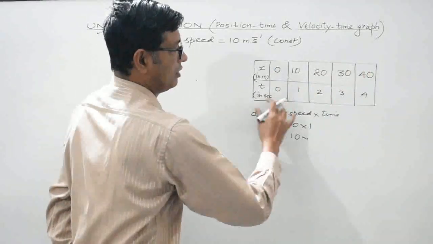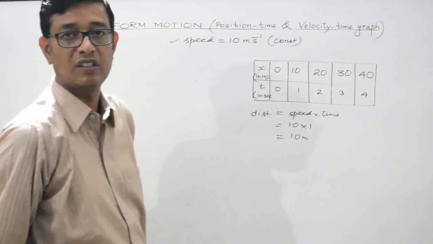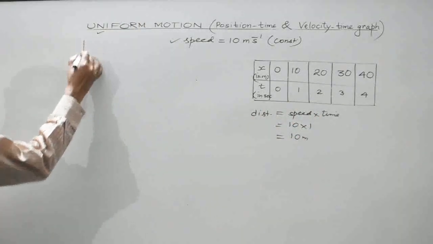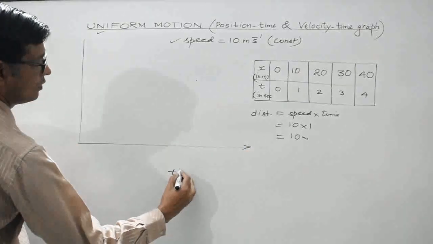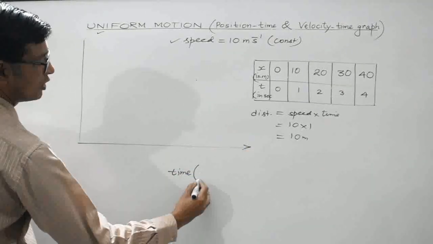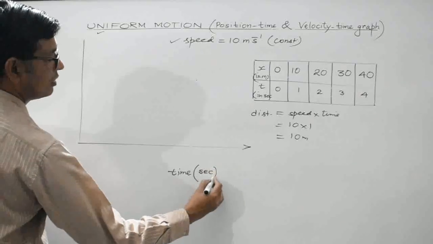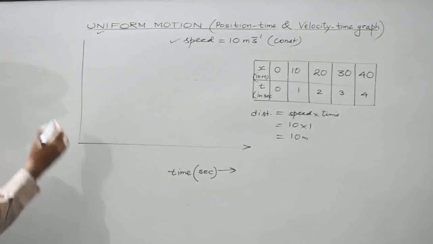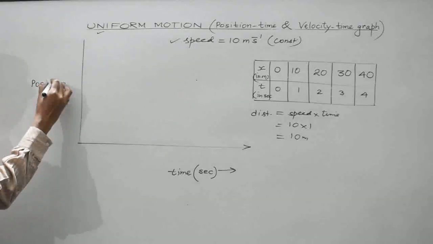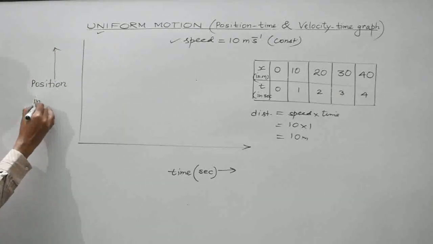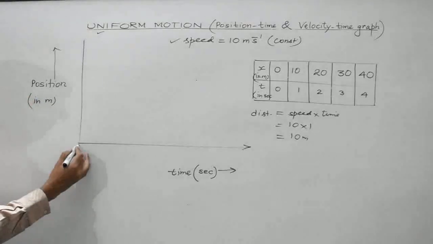So let's represent these points on a graph. So this is time. Don't forget to mention the units in which the physical quantity is being represented. This is the position, maybe in meters, on the x axis. This is the origin.